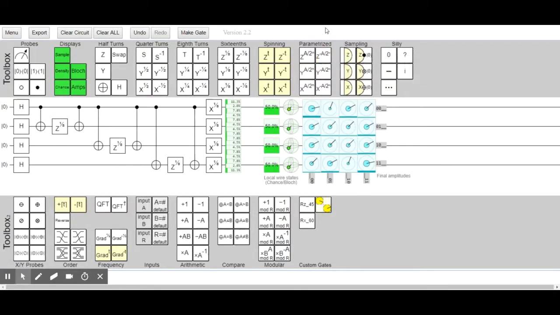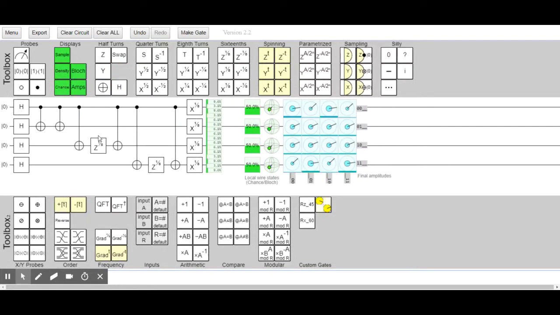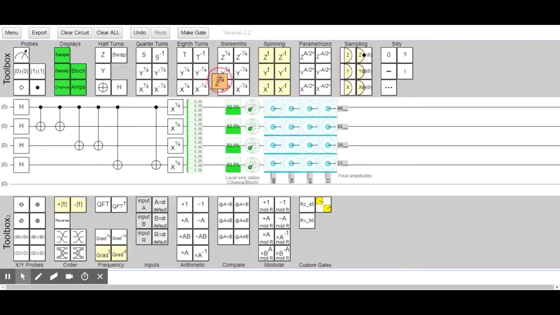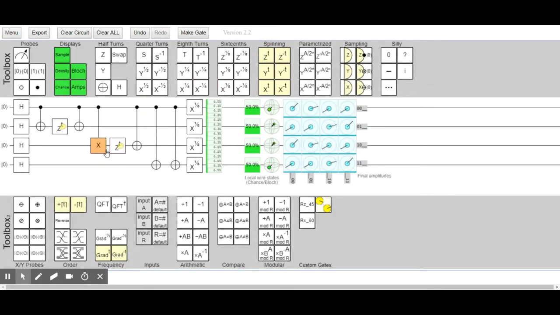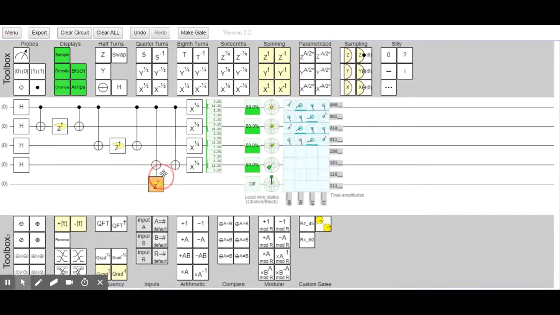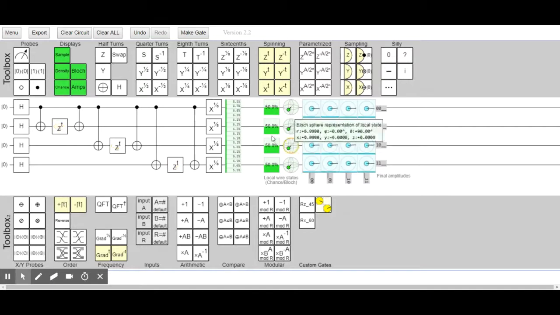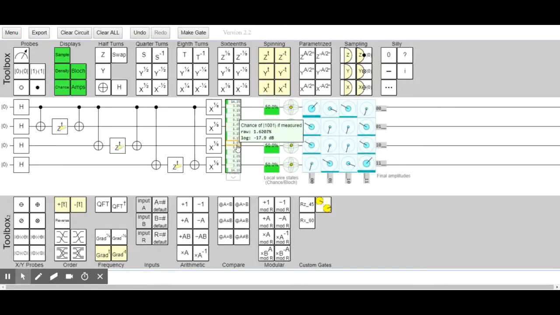So this is basically... What if I use a spinning one? That would be nice. What if I use a spinning one here? That's cool. You see? Oh, that's nice.